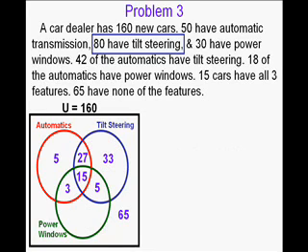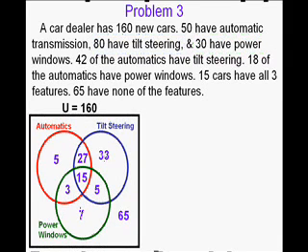And to get this last number, considering that all the power windows add up to 30, if I subtract the 15, the 5, and the 3 from 30, darn tootin', I'll get that number as well, 7. And now I can find the answer to all my questions.